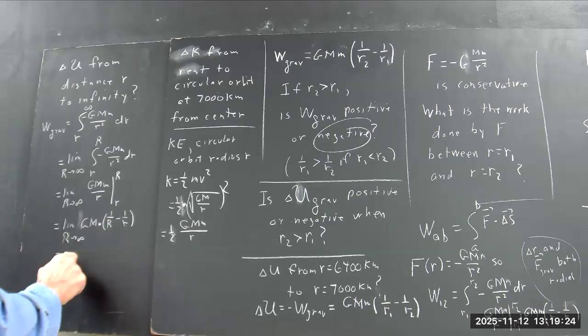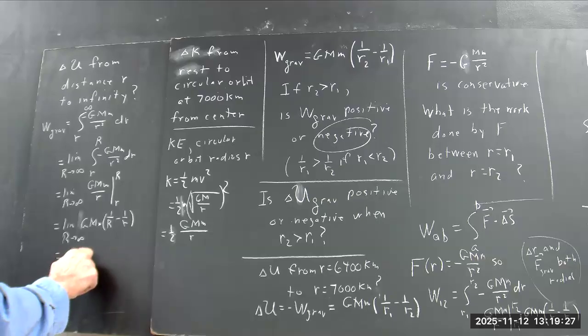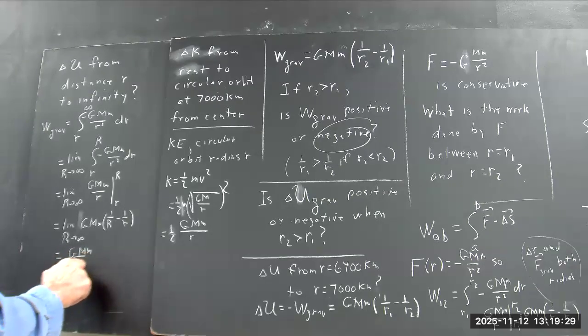And as big R goes to infinity, that's just big G big M little m over r.